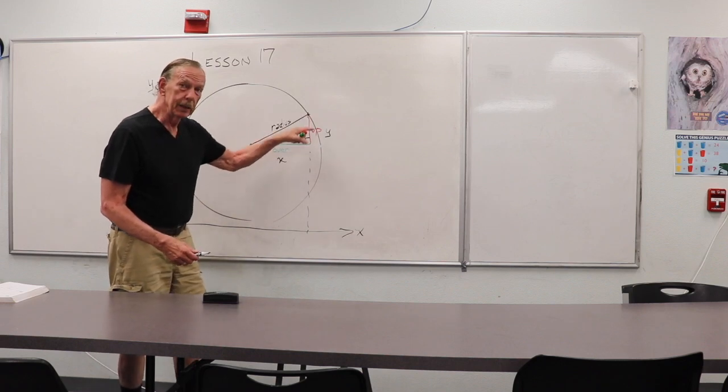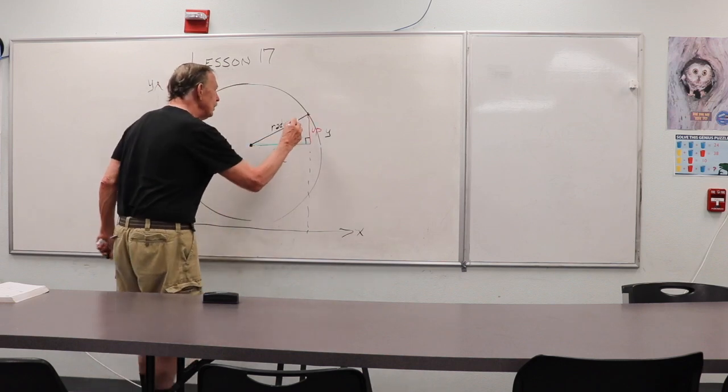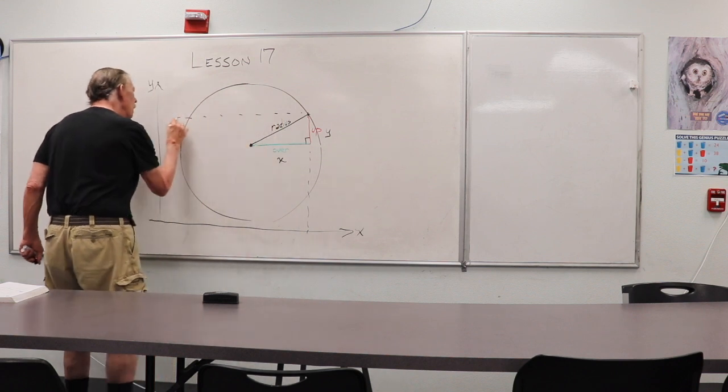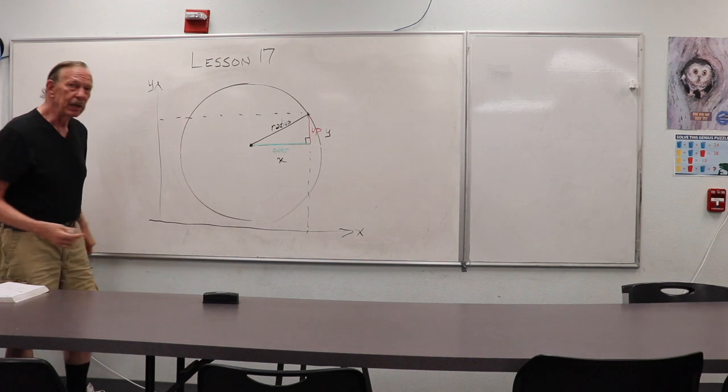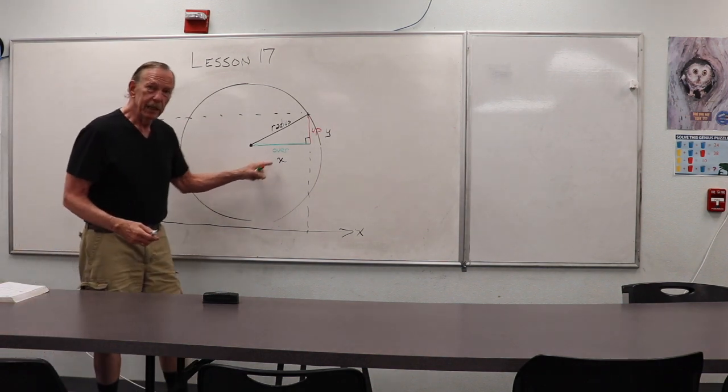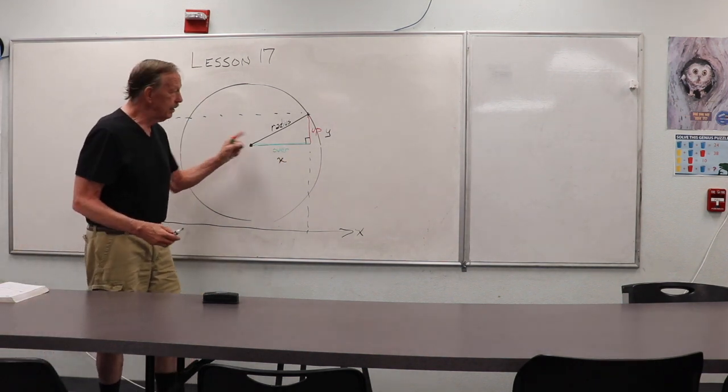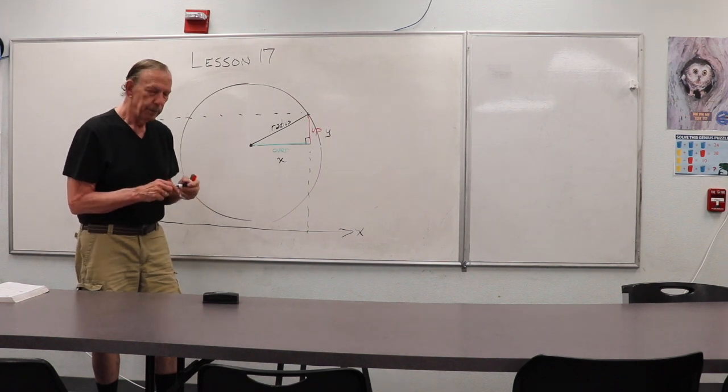Up here, well, same song. If we use that value of y, we're going to get this whole piece. And when we do that, x squared and y squared are not going to describe where this point is. Bummer, huh?